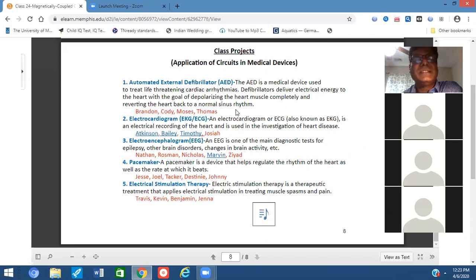Similarly for 2, Atkinson, Bailey, Timothy, and Josiah. Number 3, Nathan, Roosevelt, Nicholas, Dietrich, and then Martin, and then GR. Number 4, Pacemaker, JC, Joel, Decker, Destiny, and then Johnny. And number 5, electrical stimulation therapy, Travis, Kevin, Benjamin, and then Smith Jenna.